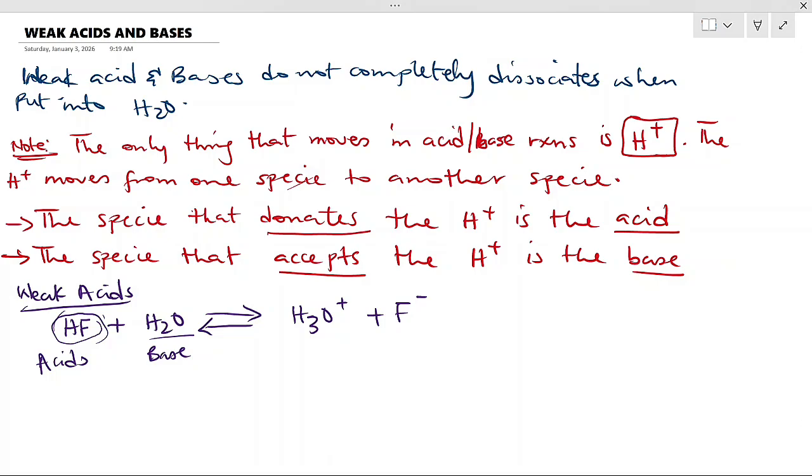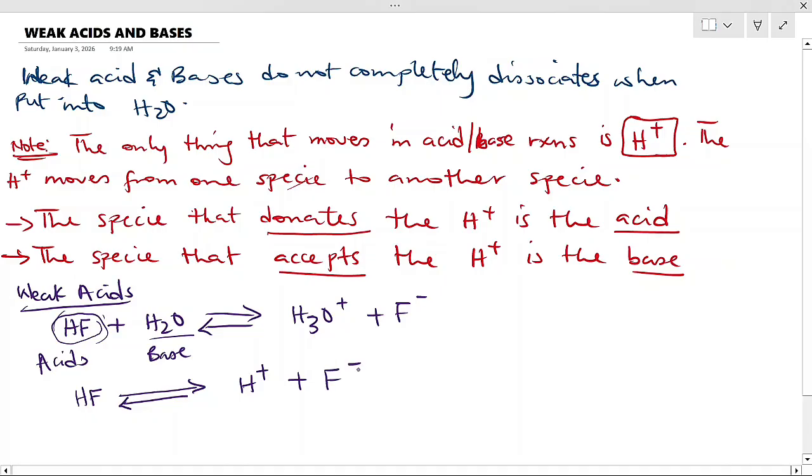Another way to write this, especially in practical biochemistry, is this way. We have the HF, because it will always react in water, and there you have H plus and F minus. This HF is already in aqueous solution, in water, so we do not indicate the water.